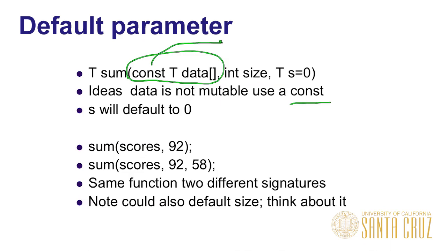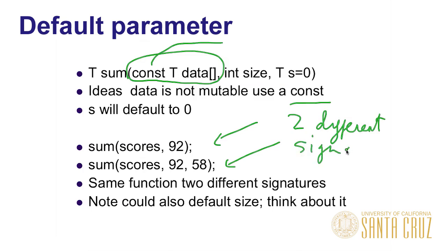Now, with a default parameter, we are allowed to have two different signatures. Here, the actual parameter would mean S started at 58.